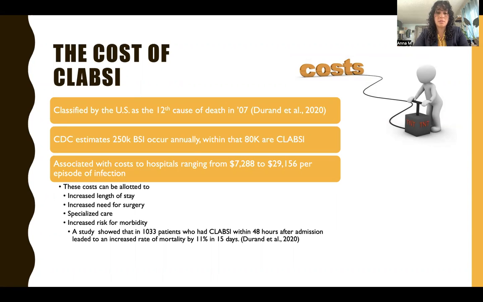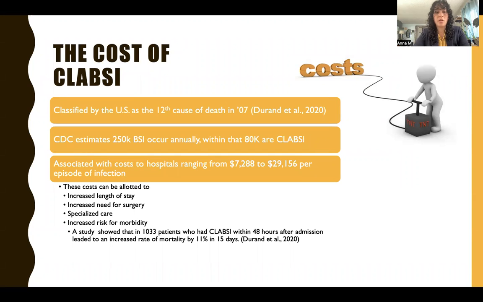Associated with these costs to hospitals are ranging normally from over $7,000 to over $29,000, and that is per episode of infection. So per patient, per PICC line.